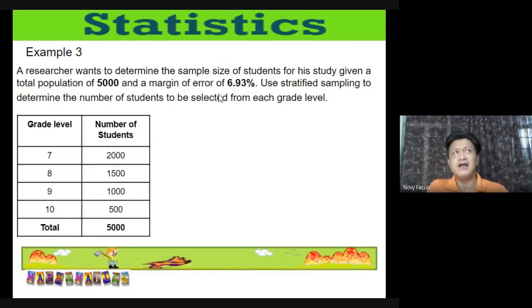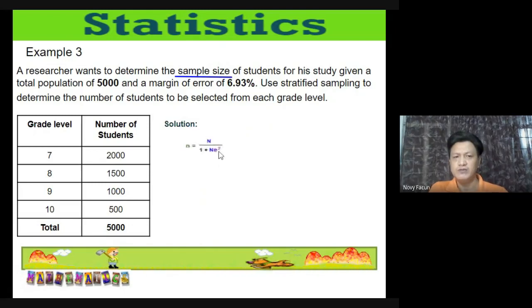Nag-assign na lang tayo ng margin of error, kasi nga pwede natin i-adjust yung pangangailangan natin do sa sample na gusto natin sa ating pag-aaral or study. So kaya 6.93%. Ibig sabihin yan, kukuha ako ng sample size dito sa 5,000. Paano natin malalaman? I-apply natin yung Slovin's formula.